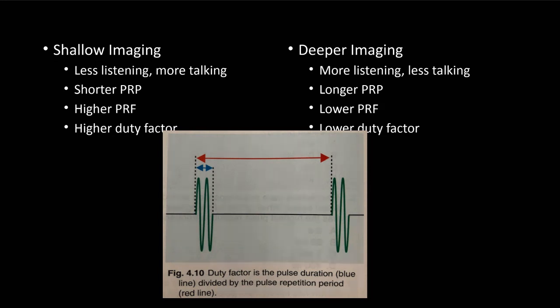Not quite. Pulse repetition period is going to include that listening time, right? So that would be our red arrow. Would it just be the pulse duration? Yes, good. So that's going to be our pulse duration if we were given time. Now, if we were given units of distance, the blue would be our spatial pulse length.